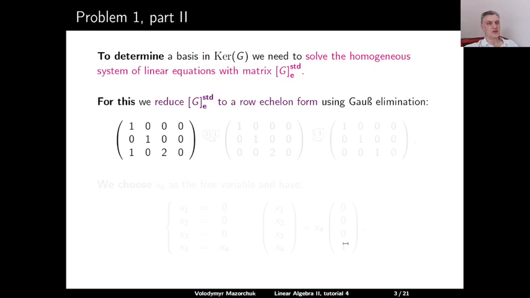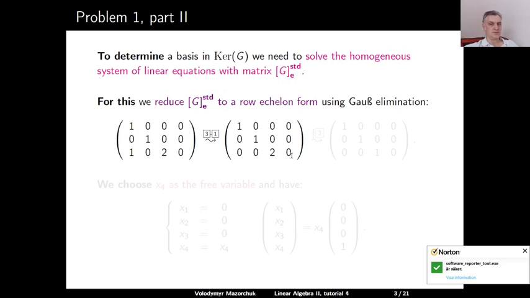So we take the matrix of G in the standard basis and we reduce it to a row echelon form using Gauss elimination. So we use 1 here in position 1 to kill this 1. So we subtract row 1 from row 3. Rows 1 and 2 remain the same, and row 3 becomes 1 minus 1 is 0, 0 minus 0 is 0, 2 minus 0 is 2, 0 minus 0 is 0.